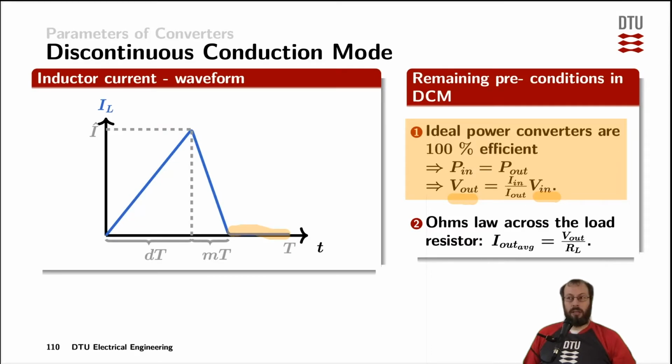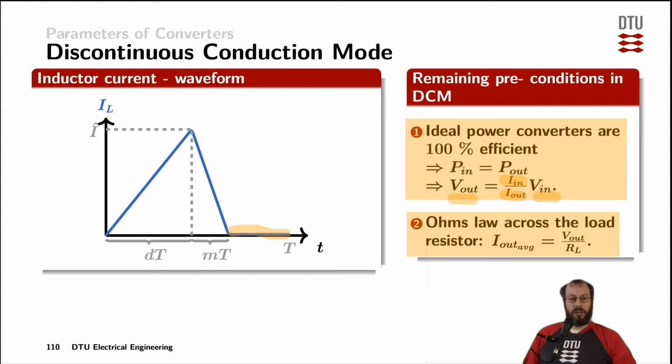So the two unknowns in this equation are the input current and the output current. The average output current is derived by Ohm's law across the resistor. So from the DC output voltage and the resistor, we already have the DC output current.